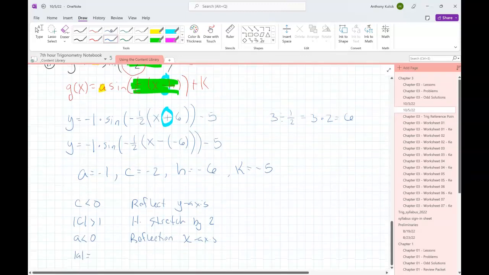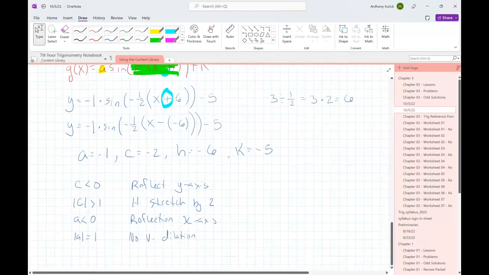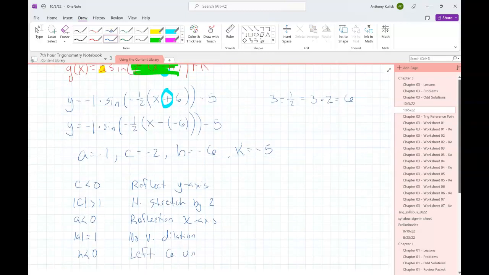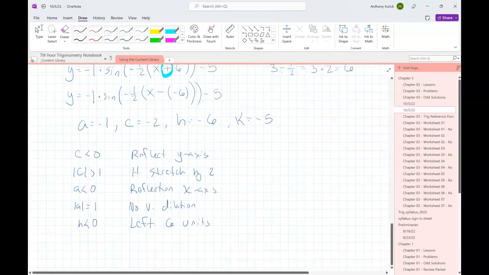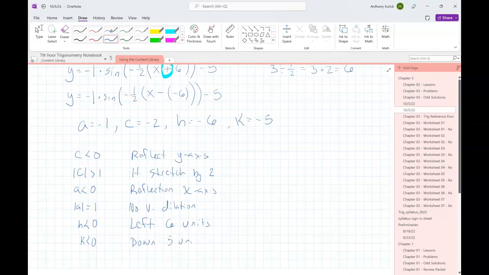And since the magnitude of a is just 1, we're going to have no vertical dilation. Since h is negative, we're going to be going left, and then 6 units. And since k is negative, we're going to be going down, and then 5 units.